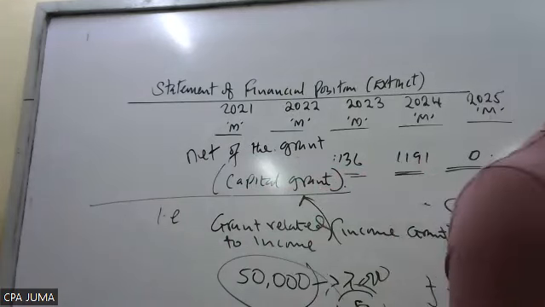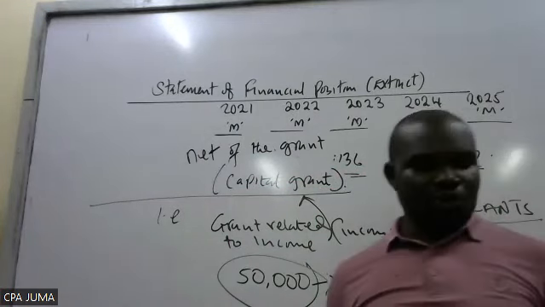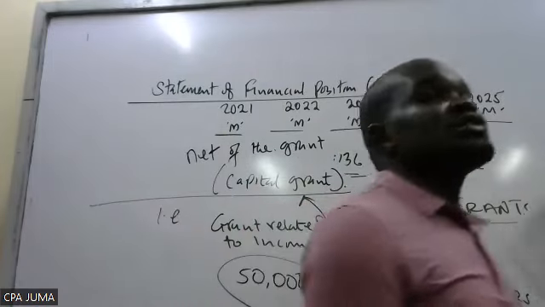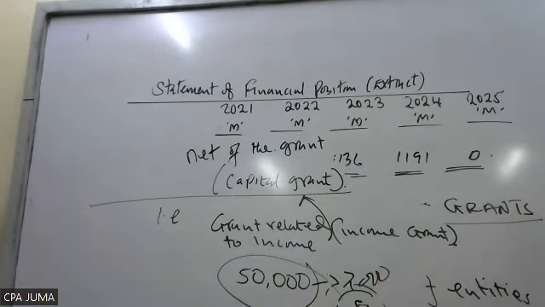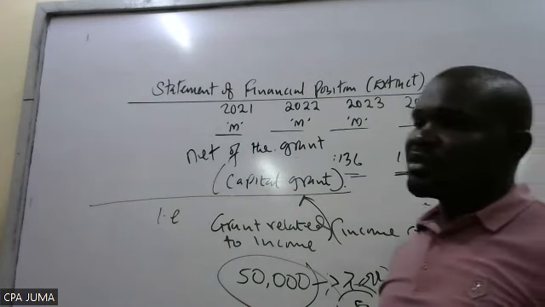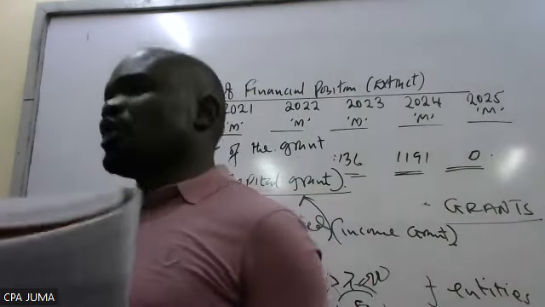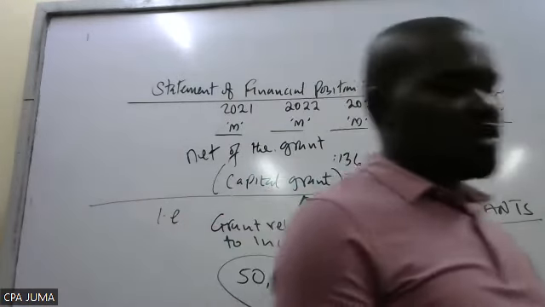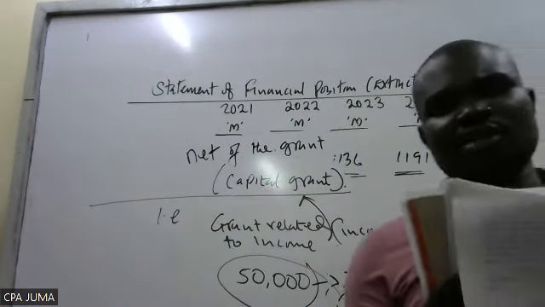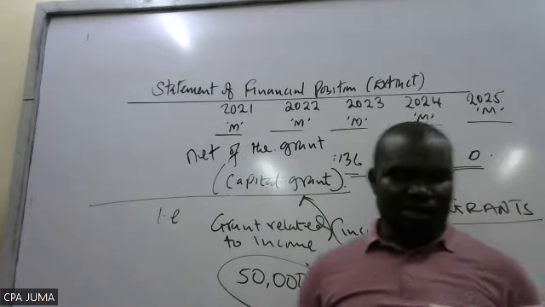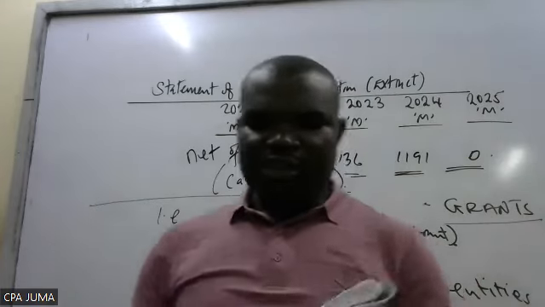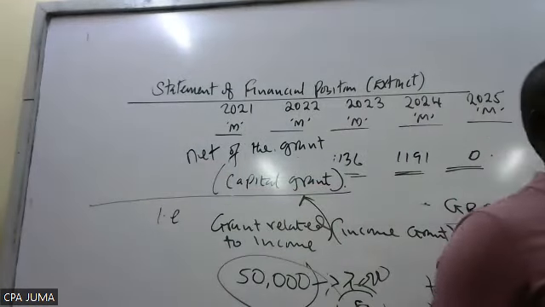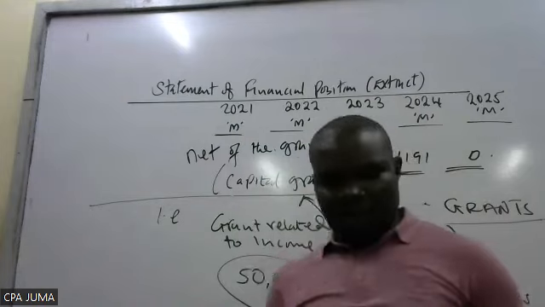There are only two. And number two, if there is a reasonable assurance that the grant will be received. So those are the two conditions which must be met for you to recognize a grant.